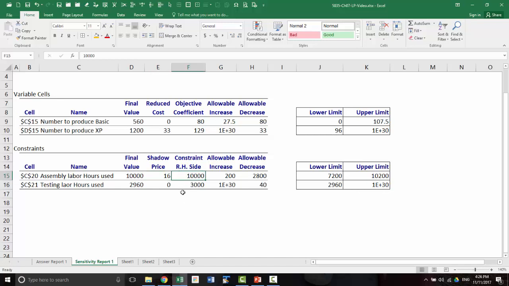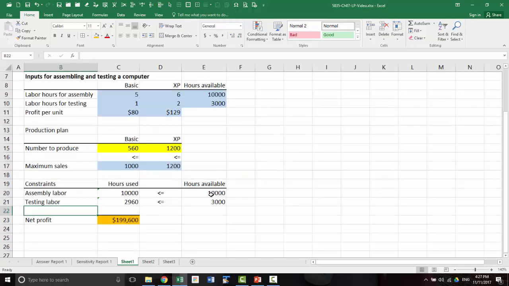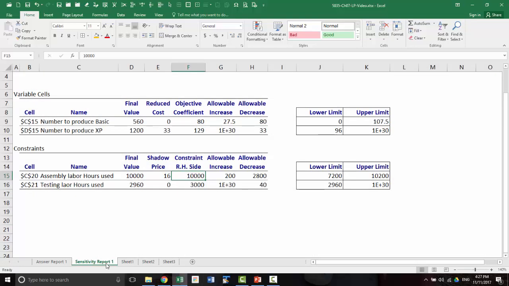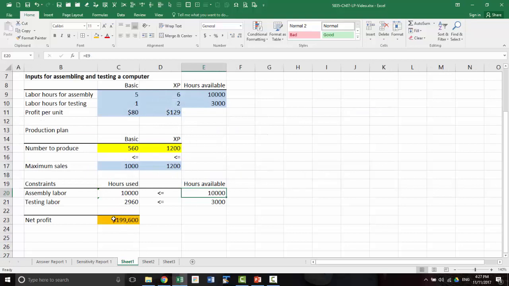So labor hours assembly is 10,000. So if it goes up by 1 hour, then our profit will go up by $16, in the same units as this. Okay.